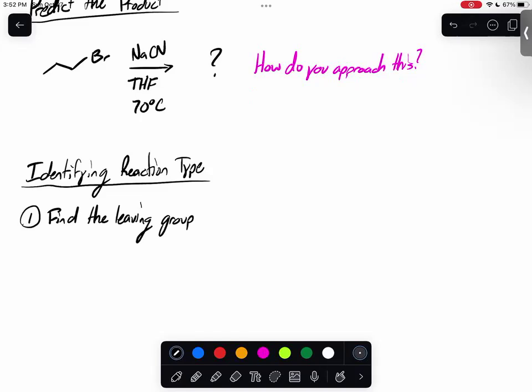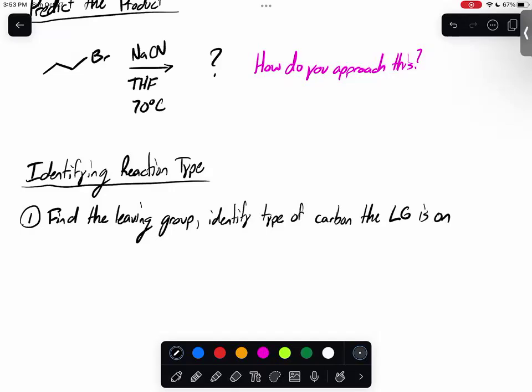But remember that for all of these reactions, it needs a good leaving group. So if there isn't a good leaving group, then none of these reactions are actually going to be the operant mechanism that's occurring. And then once you've found it, you're going to want to identify the type of carbon the leaving group is on.